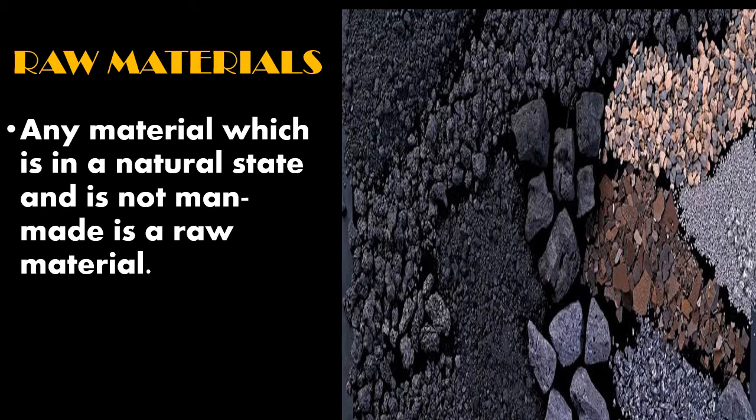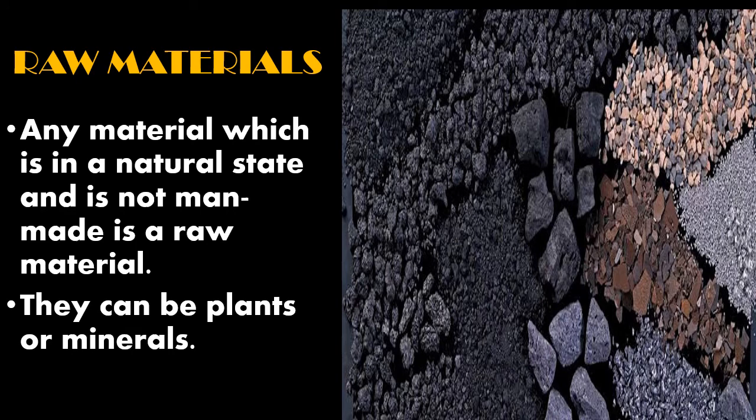Raw materials are materials or substances used in the production or manufacturing of goods. These are the natural materials that are used in manufacturing of goods. Raw materials can be plants or minerals.